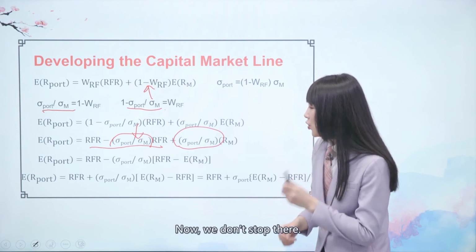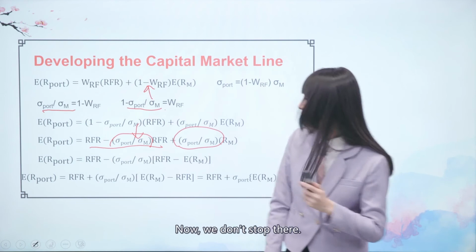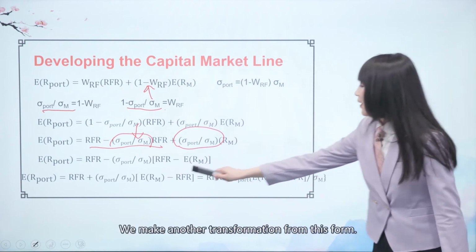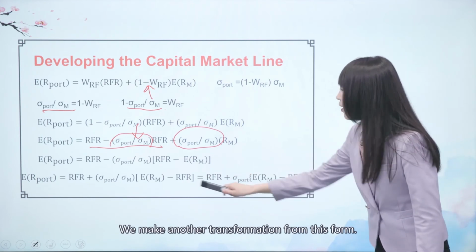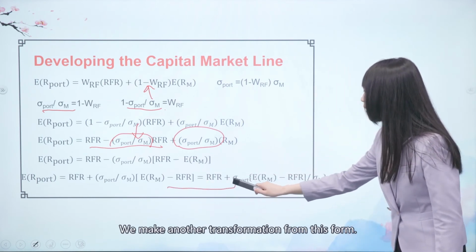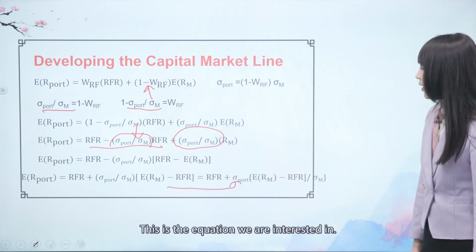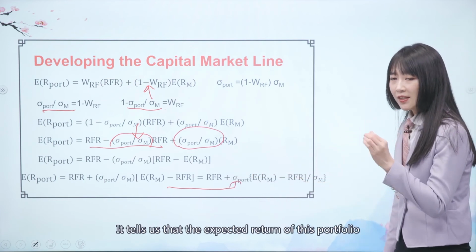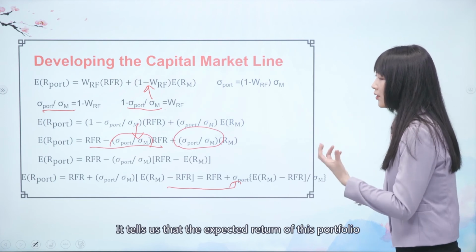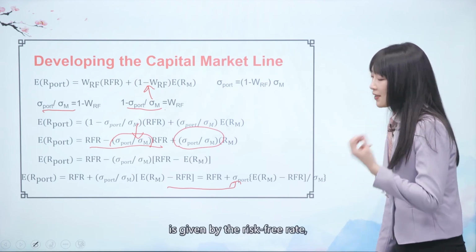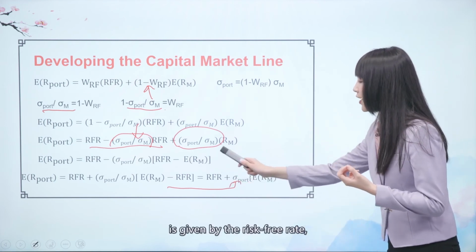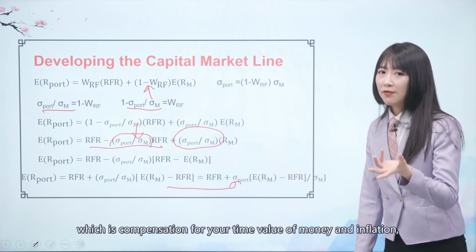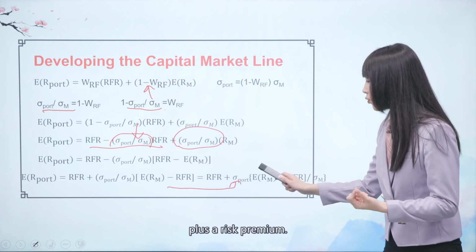Now, we don't stop there. We make another transformation from this form. Now, this is the equation we are interested in. It tells us that the expected return of this portfolio is given by the risk-free rate, which is compensation for your time value of money and inflation, plus a risk premium.